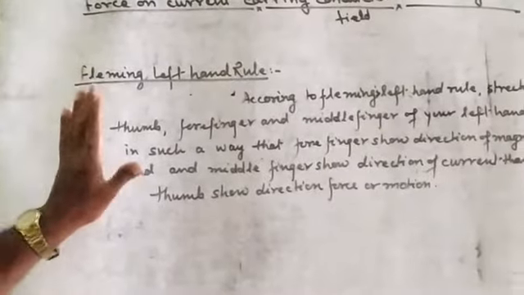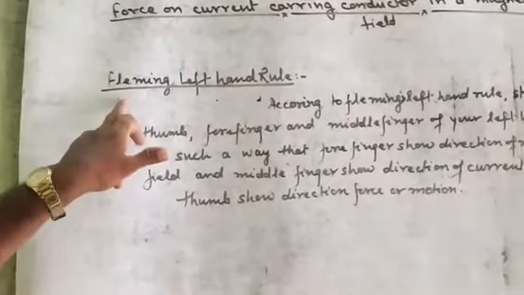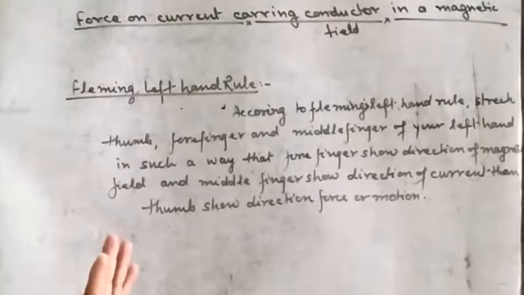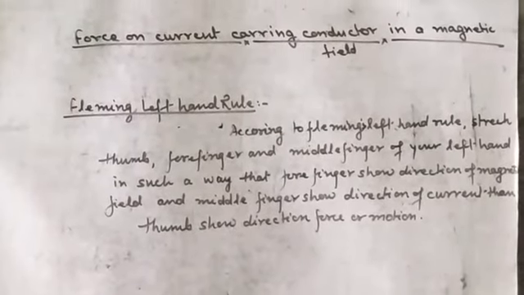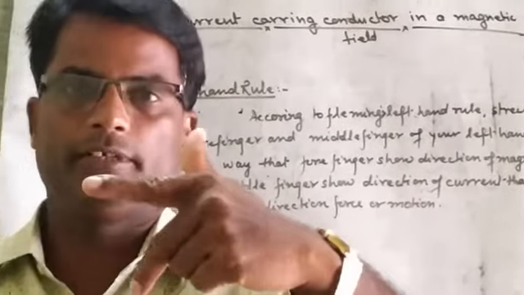To find the direction of force acting on a conductor, we use Fleming's left hand rule. Then what is the left hand rule? This is our left hand.